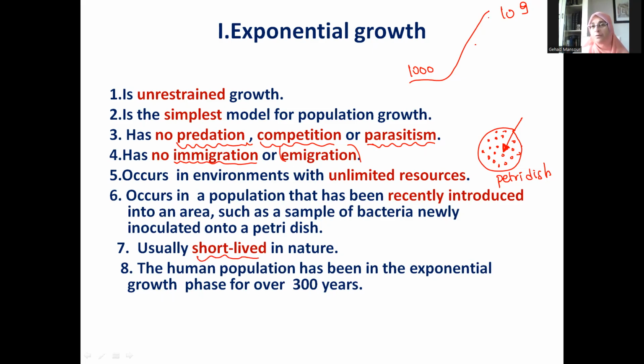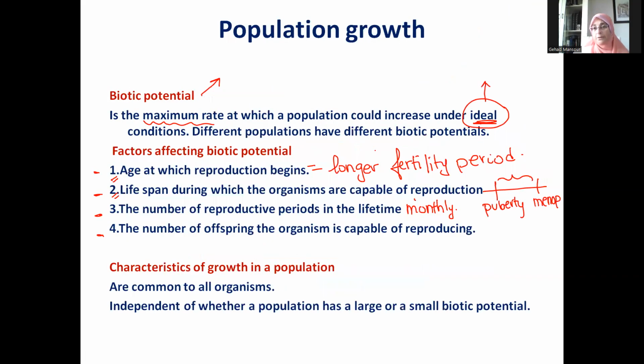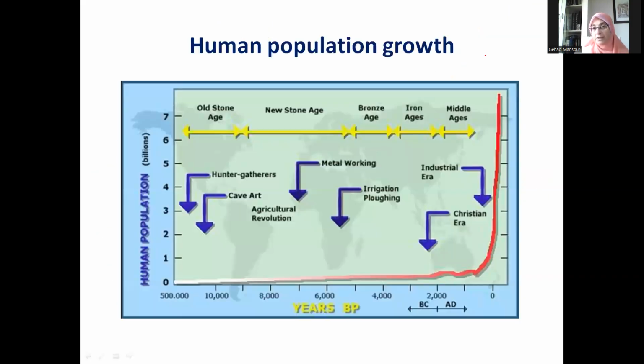Therefore, with time, we might find that the rate becomes constant, or it might even decline because of the short-lived nature of those organisms. The human population has been in this exponential growth phase for over 300 years, growing rapidly, as we saw here in the diagram. This is the exponential phase.